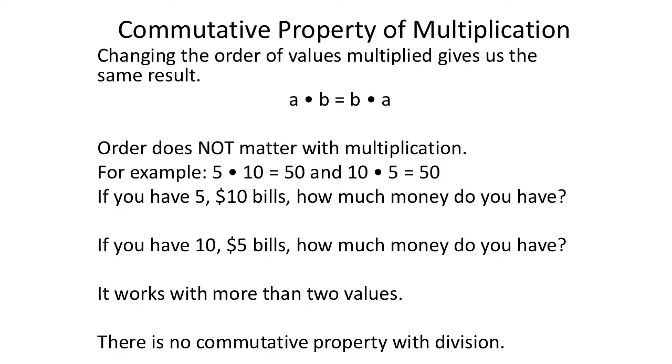So the commutative property, again, we've seen the commutative property, okay? Before it was with addition. Now it's with multiplication. But just like we saw with addition and its inverse operation, subtraction, the commutative property will not work with division. It will work with multiplication though, right? So remember that the commutative property changes the order of the values being multiplied.